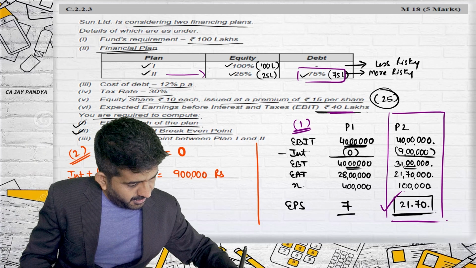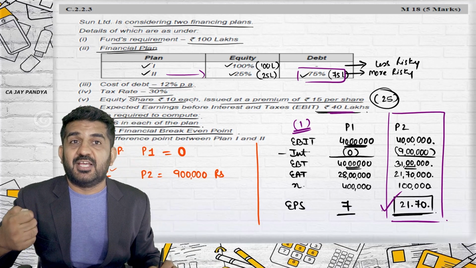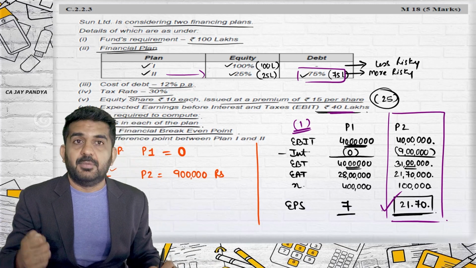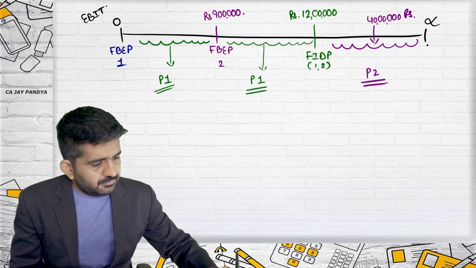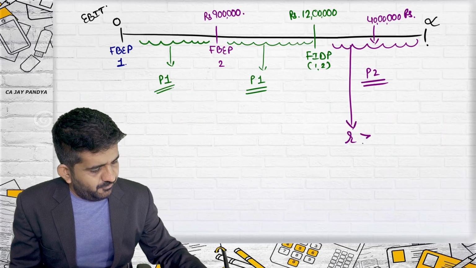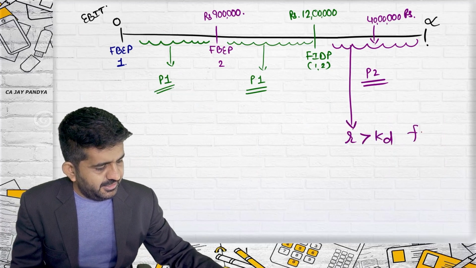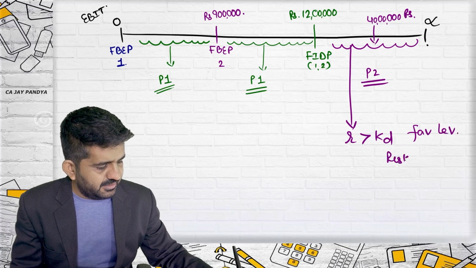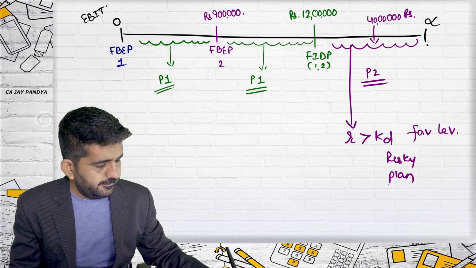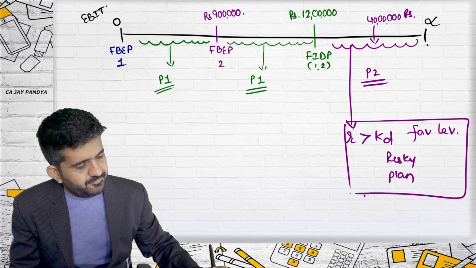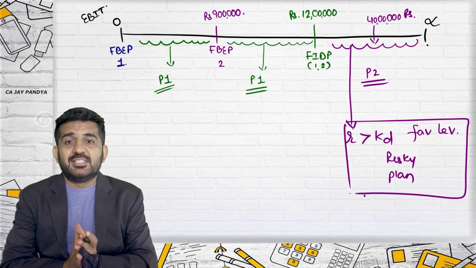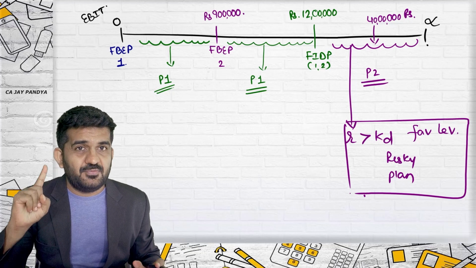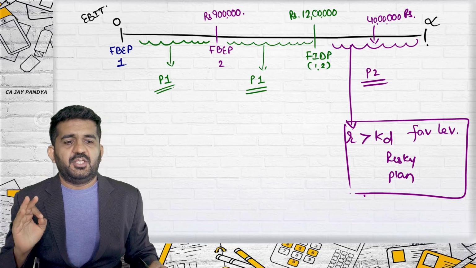And so which plan was having higher EPS? Plan number 2. In this case, R will be greater than KD, so there is a favorable leverage, and so we'll be selecting the risky plan. These are two topics: financial break-even point and financial indifference.